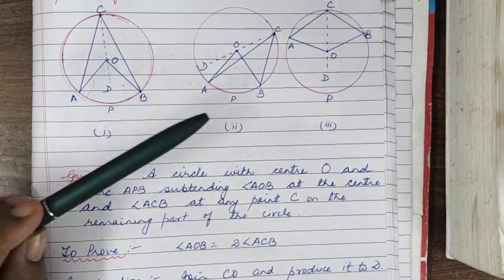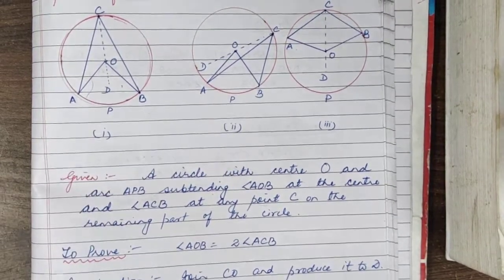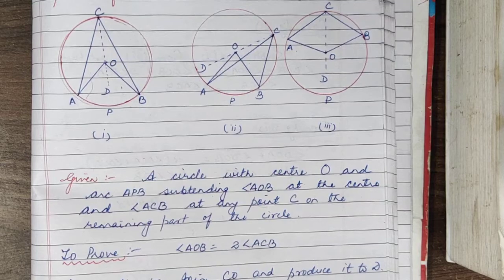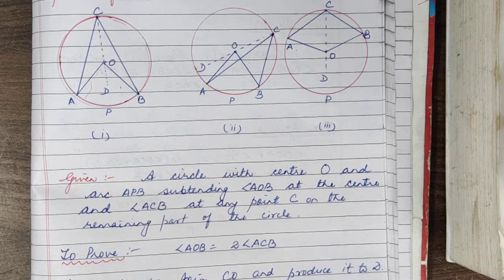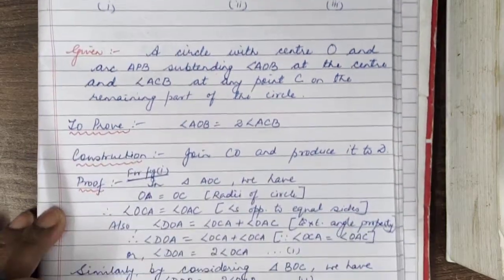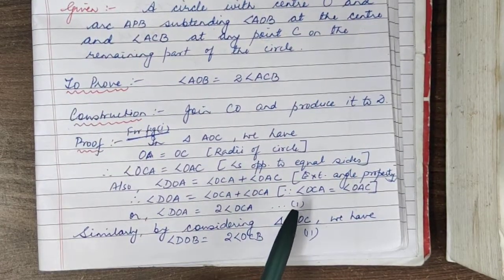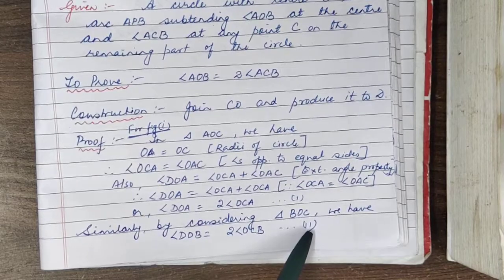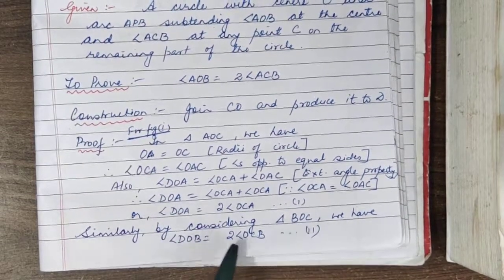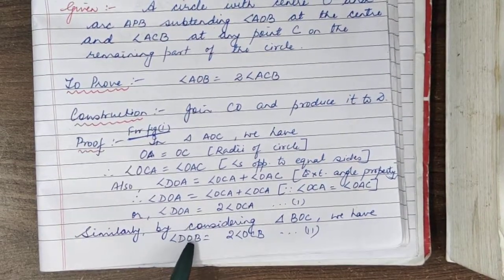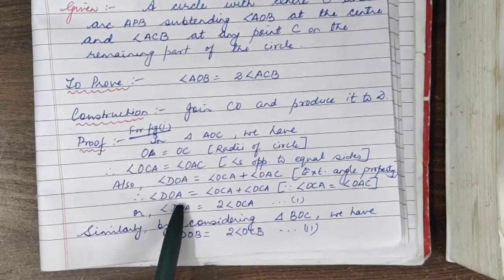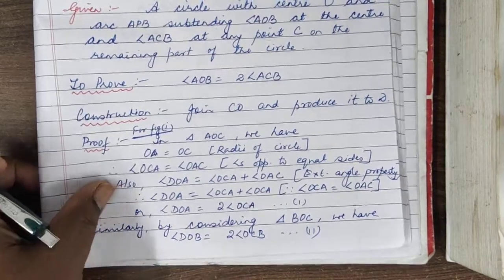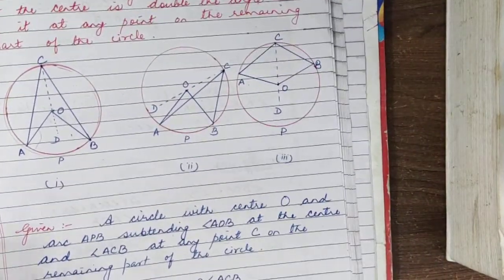Now for proving the second figure, we will subtract the first part, from equation 1, from equation 2. When you subtract, you will get angle DOB minus angle DOA equals twice angle OCB minus twice angle OCA.